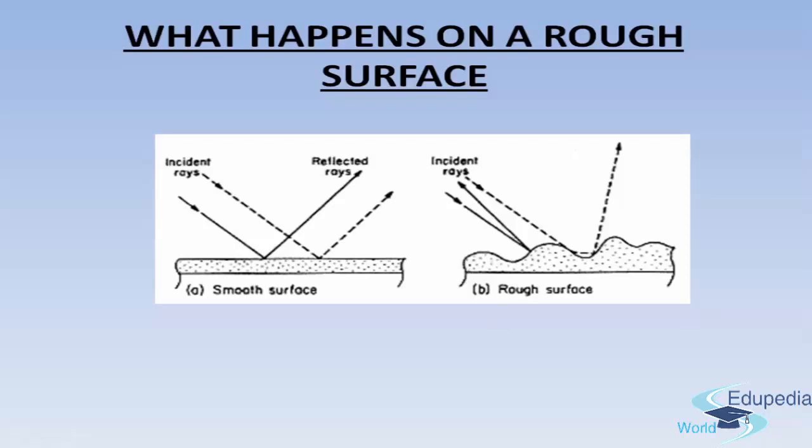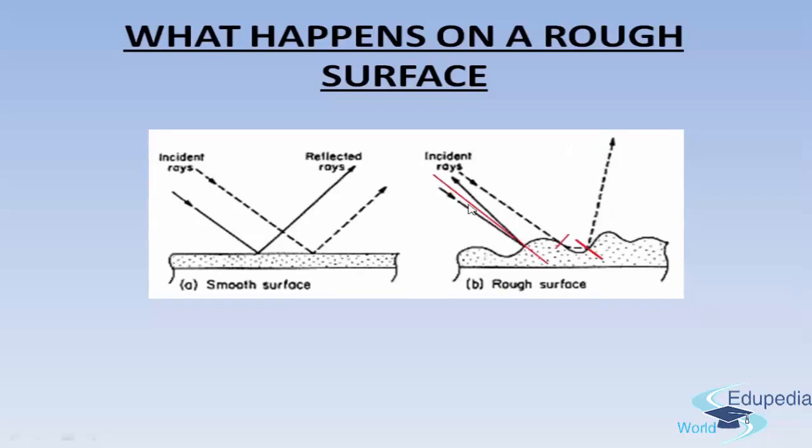So what happened? Are the laws of reflection satisfied over here? Yes, they are satisfied. I'll tell you how. This is the incident ray and this is the reflected ray. Now let's say I draw a normal at this point on the surface. I don't have to think about the entire surface, but let's see at this point. So at this point on the surface, I draw a normal.